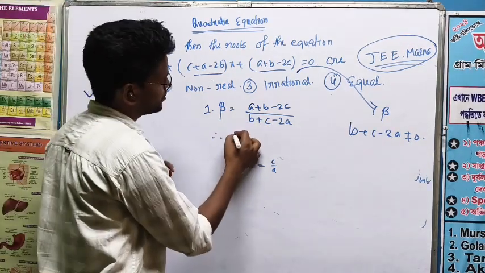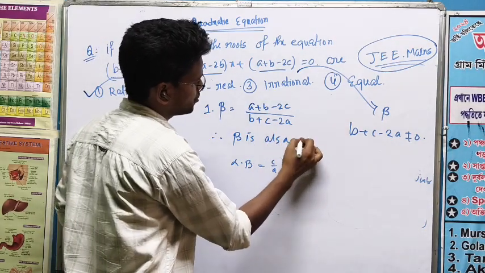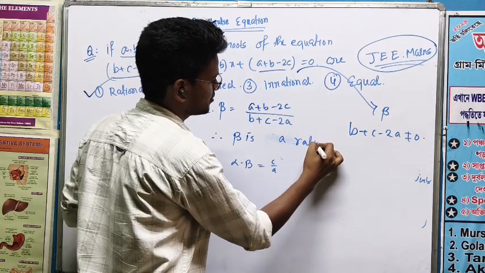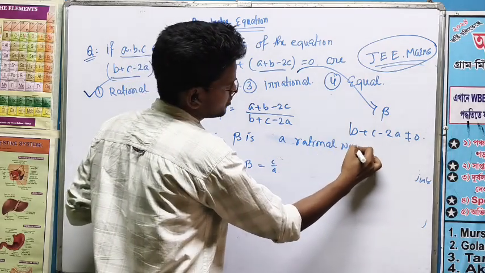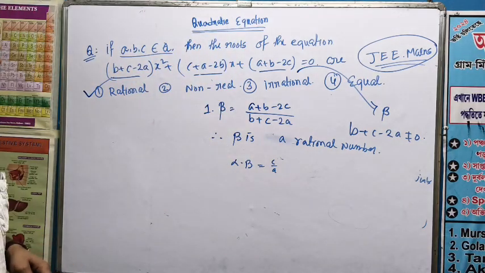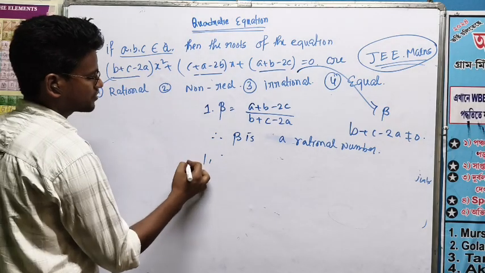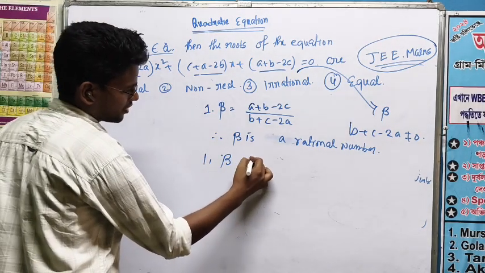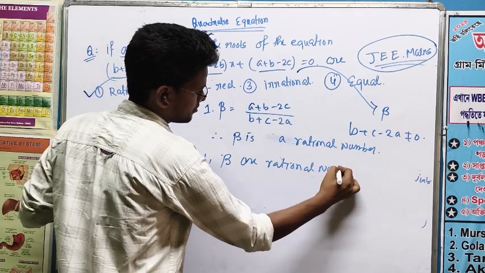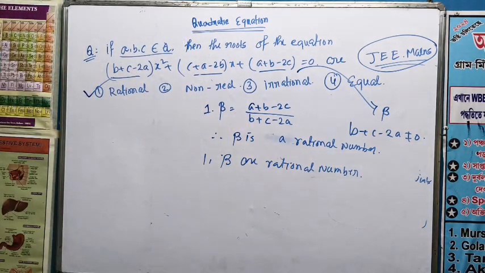That means beta is also a rational number. So 1 and beta are both rational numbers. This is the tricky method.